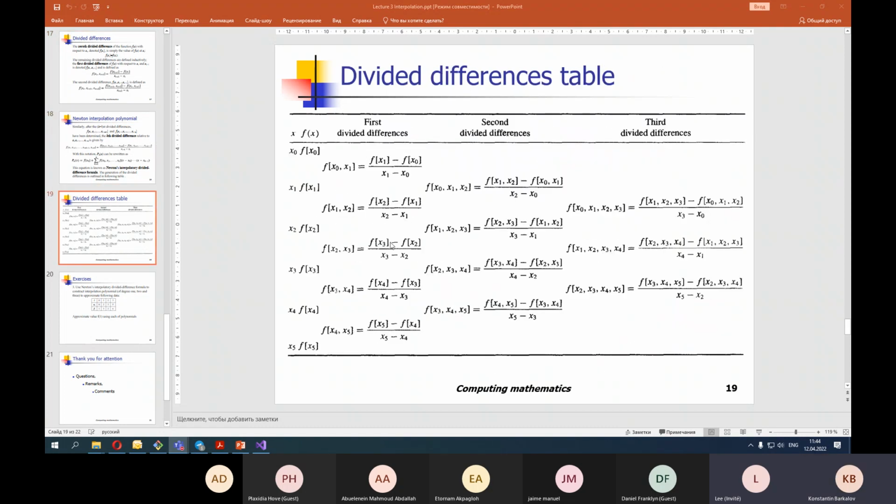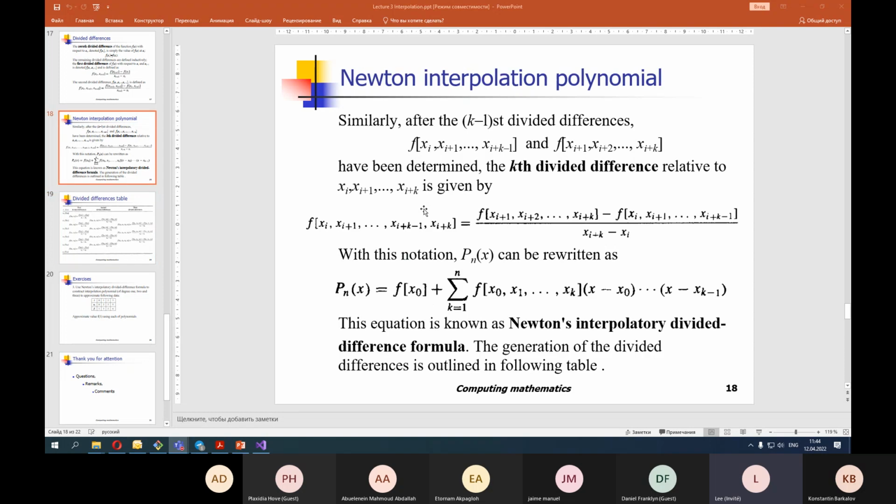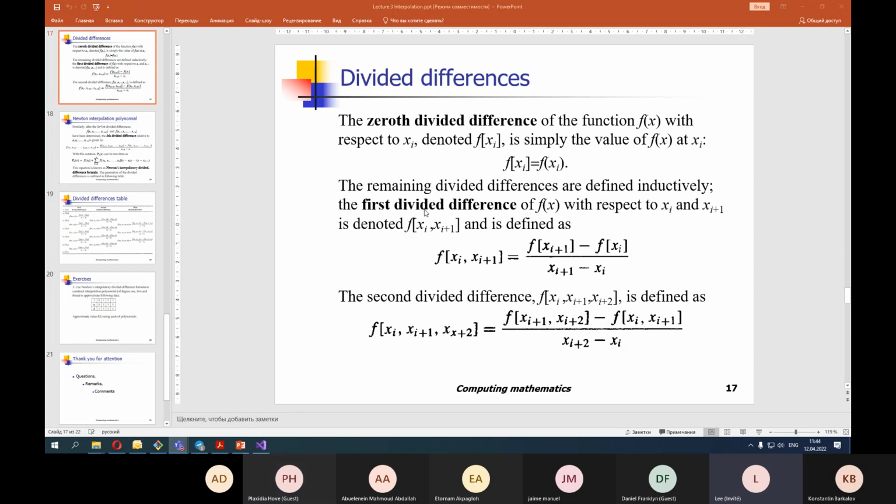And here are the same in the form of table. So can I please see the slide with divided differences? Page 16.